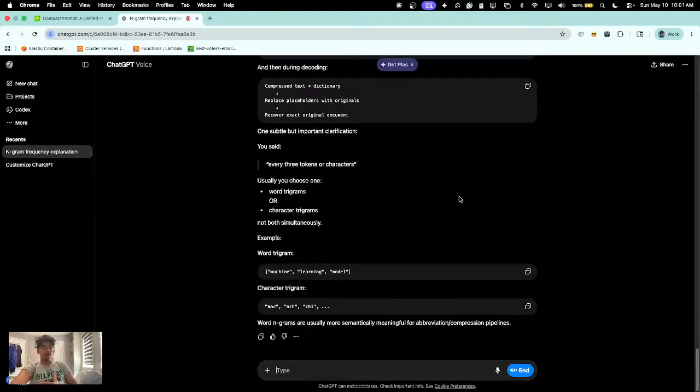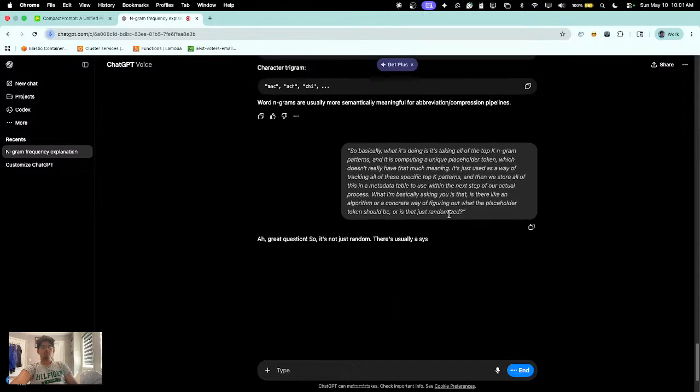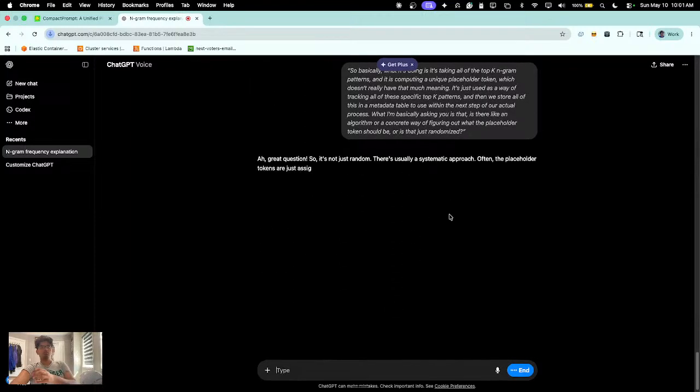What I'm basically asking is, is there an algorithm or a concrete way of figuring out what the placeholder token should be, or is that just randomized? Great question. So it's not just random. There's usually a systematic approach. Often the placeholder tokens are just assigned sequentially, like top 1, top 2, top 3, and so forth, so the mapping is easy to generate and track.